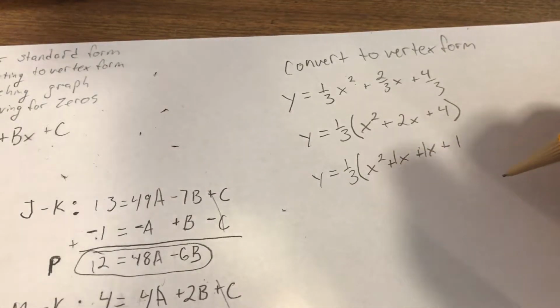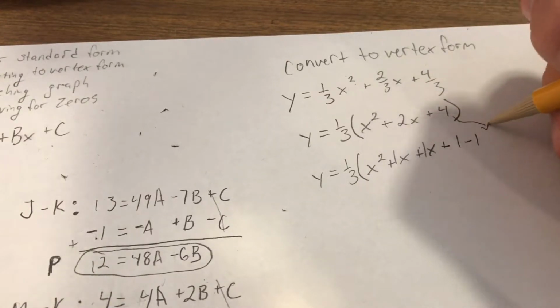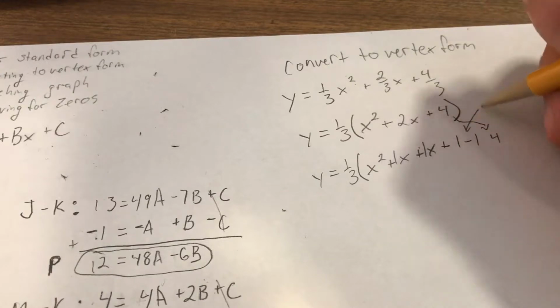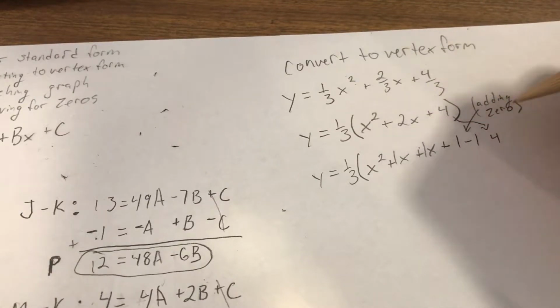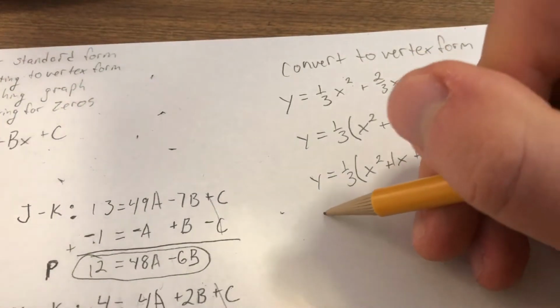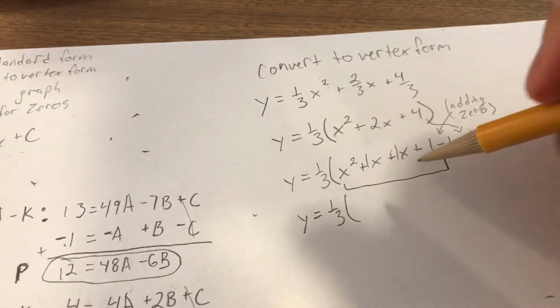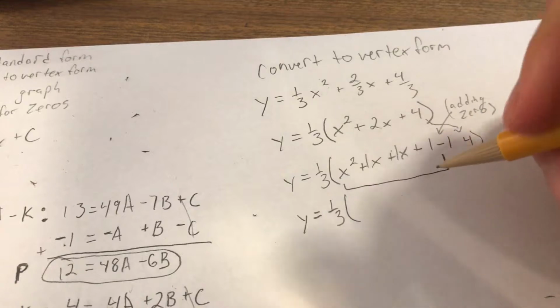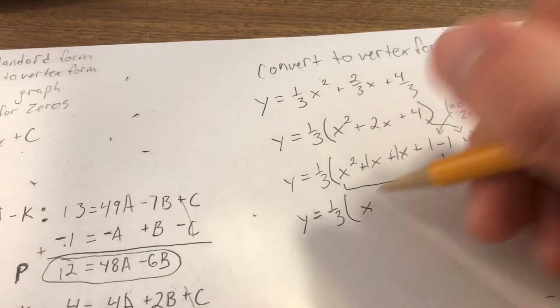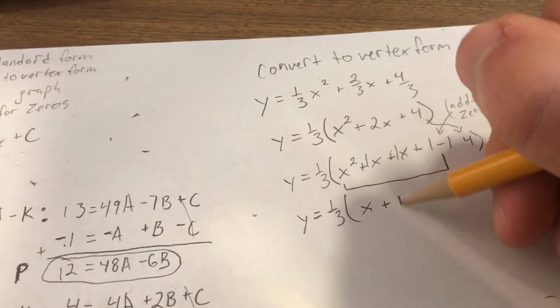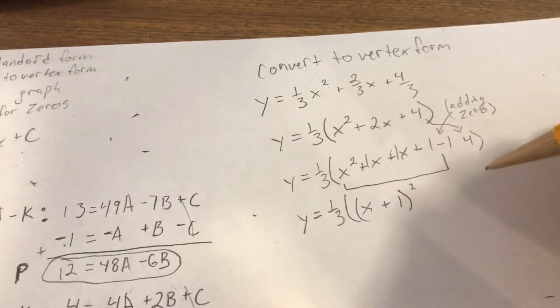If I add 1 and subtract 1, and then keep this 4, this will be like adding 0, which I can do. This right here is going to do the reverse of FOIL, the inverse of FOIL, x plus 1 squared.